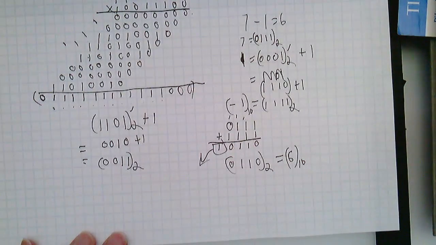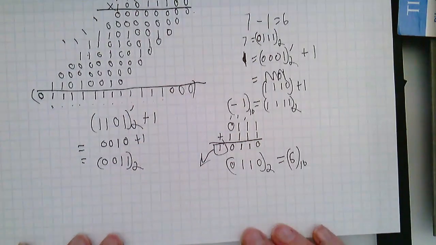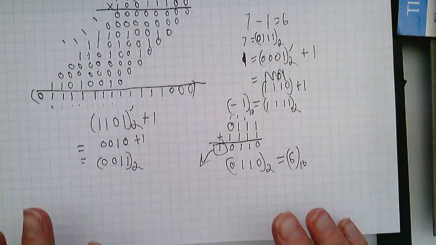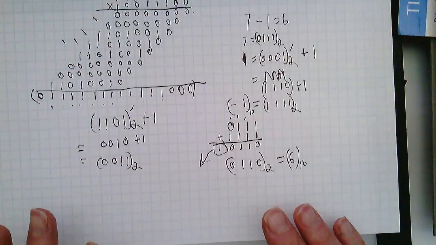59. Convert the following decimal number to binary using 6-bit 2's complement representation.